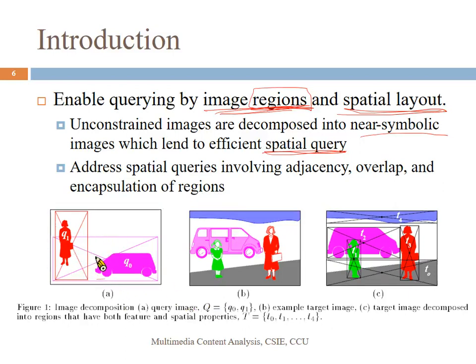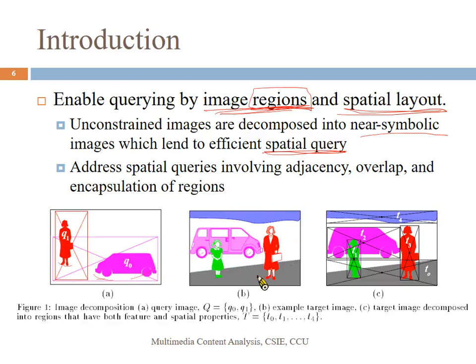We can draw a person here and a car here, and assign the color of these two objects. And we can also assign the spatial relationship between these two objects. For example, the person may be standing on the left, and the car may be located on the bottom right.